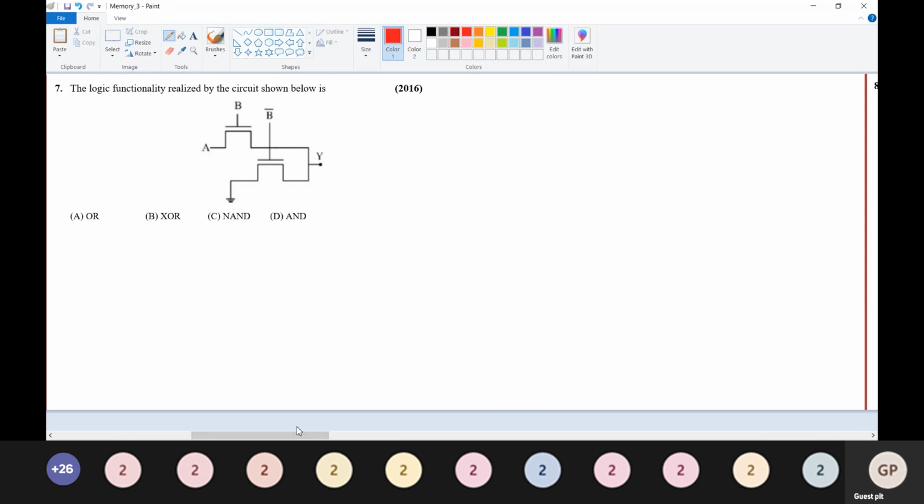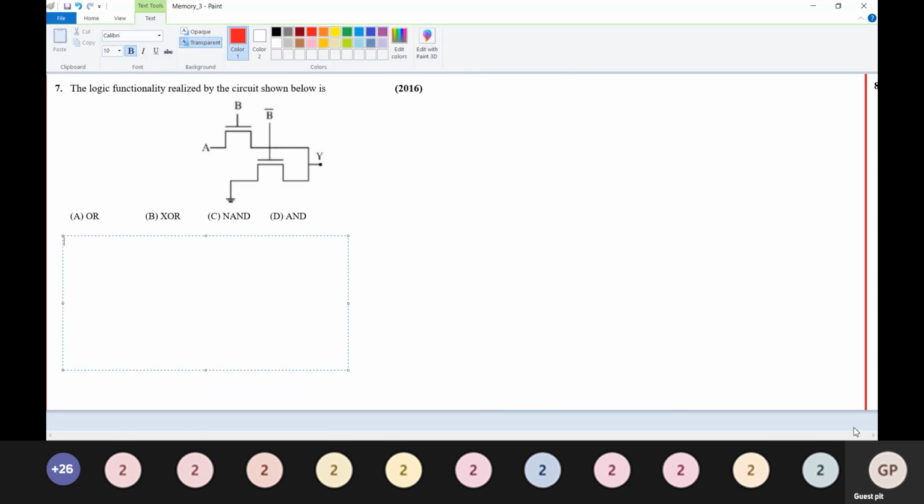The logic functionality realized by the circuit shown below is. We have to find what logic function this circuit is going to implement. Here all the transistors are NMOS.